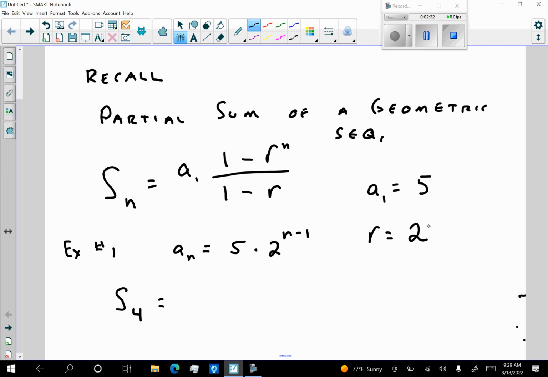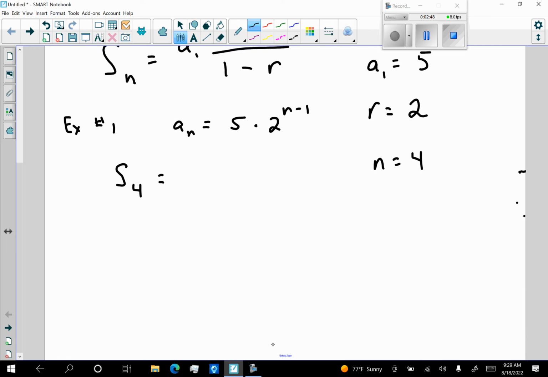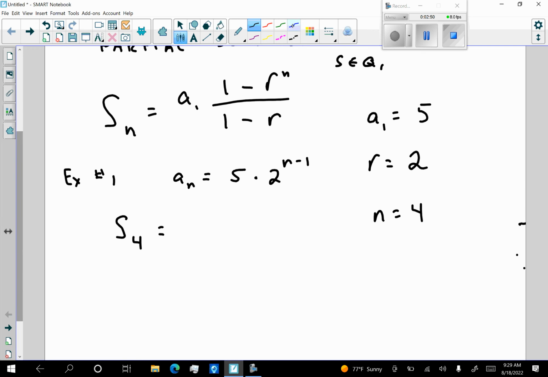And if I want to find the fourth partial sum, here n is equal to 4. So I have all the pieces that I'm going to plug into the formula.